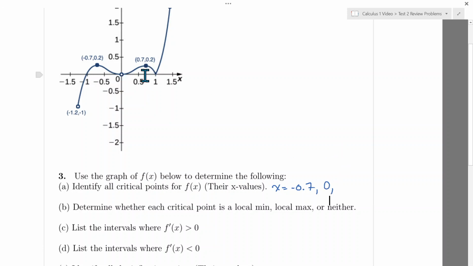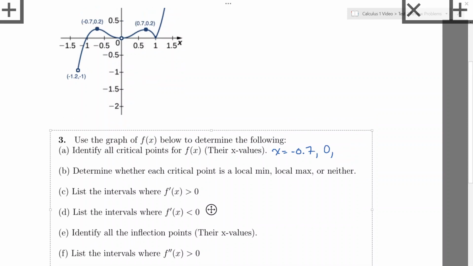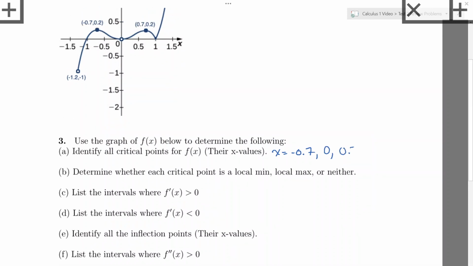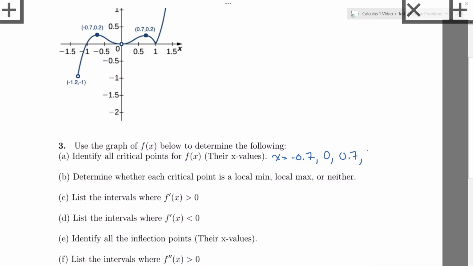And then the third critical point here, the x value is positive 0.7. And then finally, the last critical point here, the x value is 1. Okay, so those are the critical points.